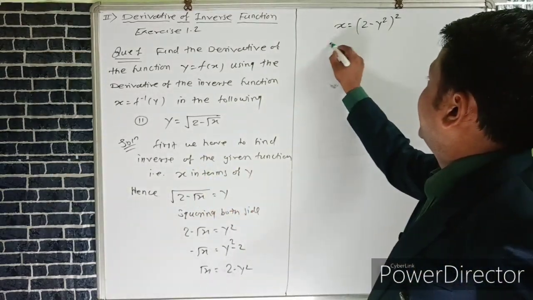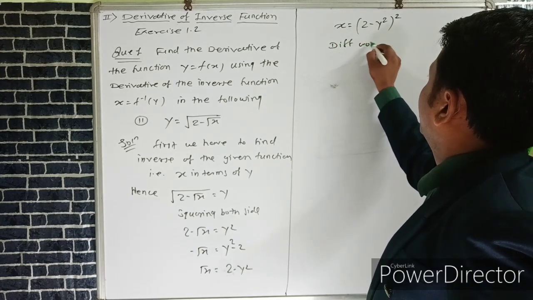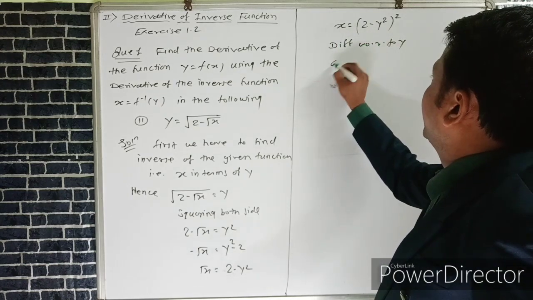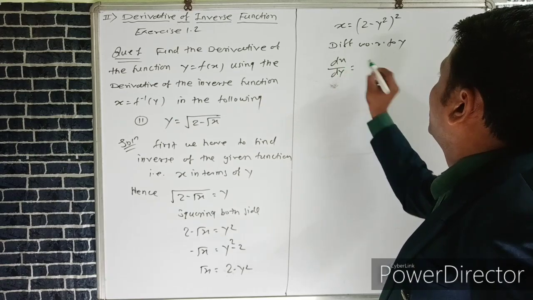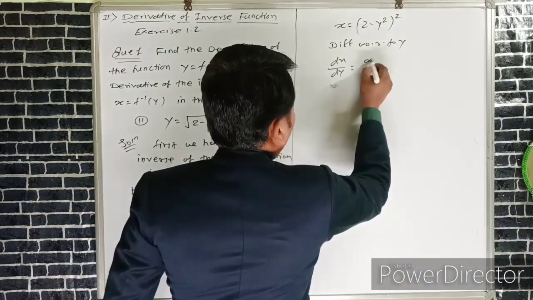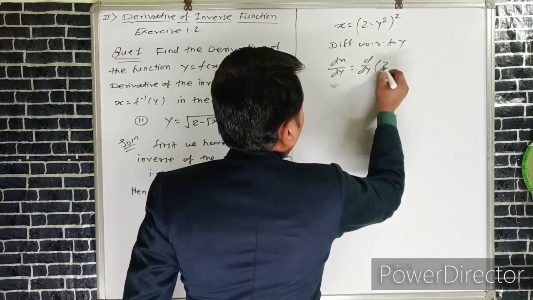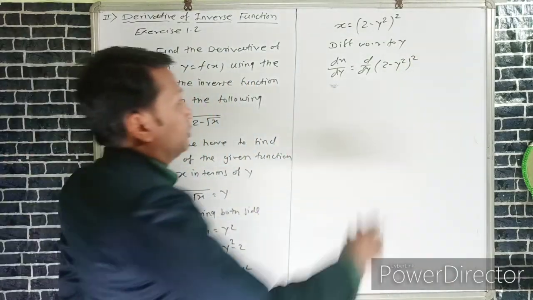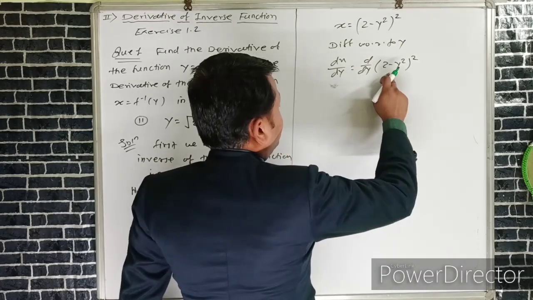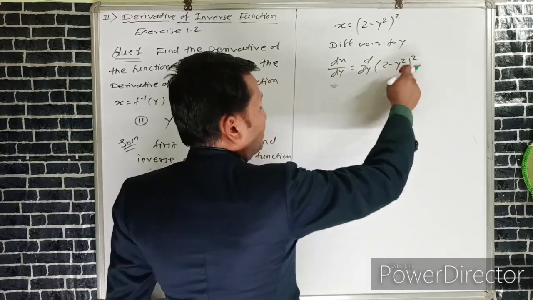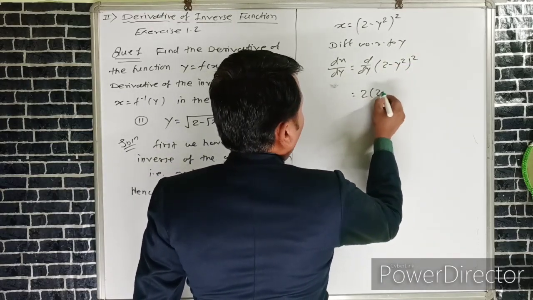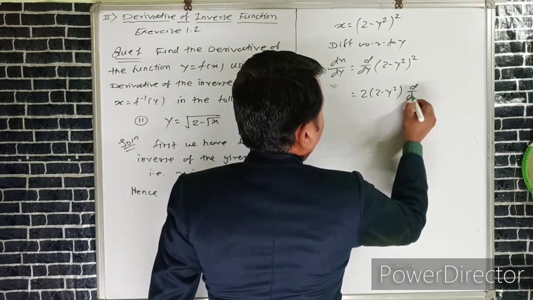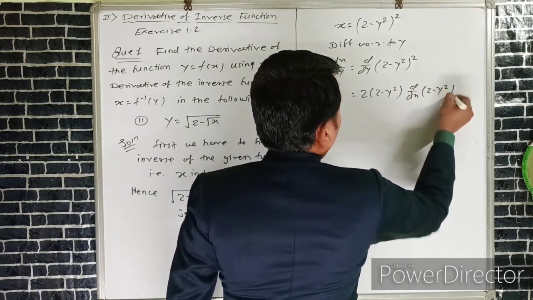If we differentiate the given function with respect to y, then we get dx upon dy is equal to the derivative with respect to y of (2 minus y square) whole square. Now, by using the derivative of x raised to the power n, we can find 2 into (2 minus y square) into again the derivative of 2 minus y square by using the chain rule.